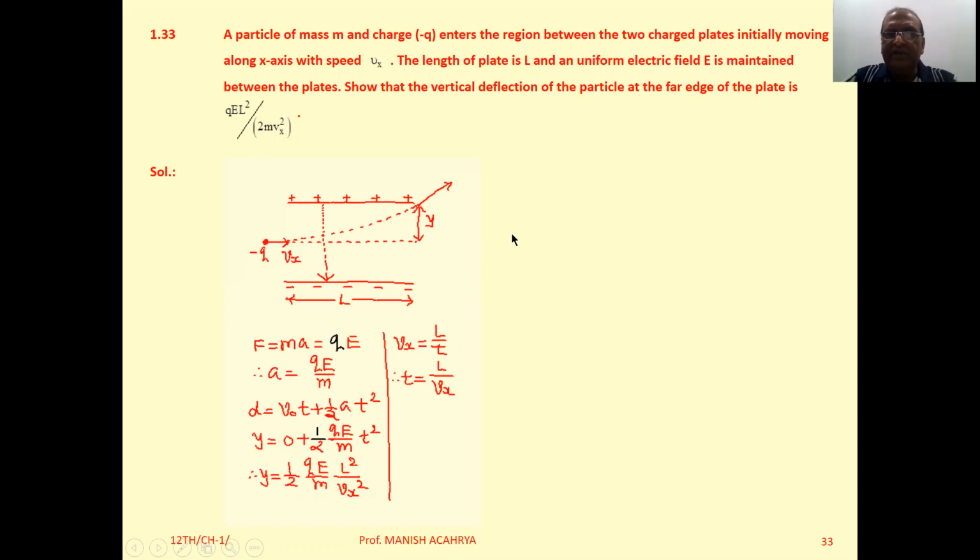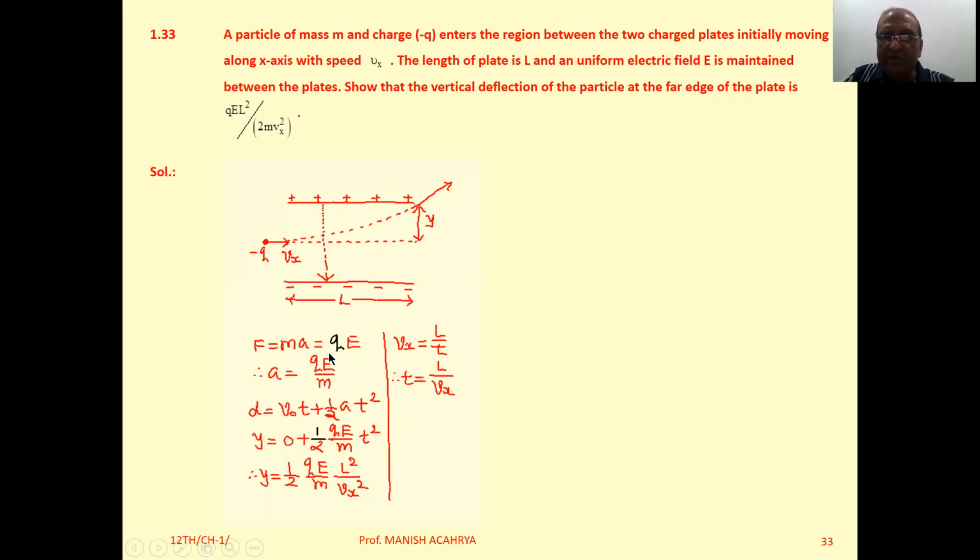So here the force on this particular charge in electric field will be q into E, and F equal to ma. So we can write F equal to ma, that is equal to qE. So acceleration of this charged particle when it enters the electric field will be qE by m.